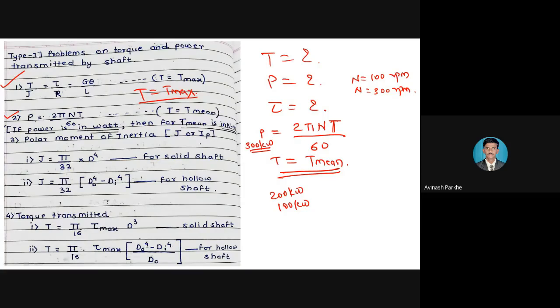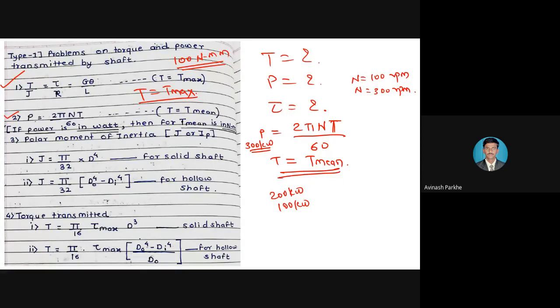For example, if one shaft has a torque transmission capacity up to 100 Newton mm only, that means the shaft can easily transmit torque up to 100 Newton mm. But if you increase it beyond 100, say 110, the shaft will break. Why? Because that torque has a maximum limit of 100 Newton mm only.